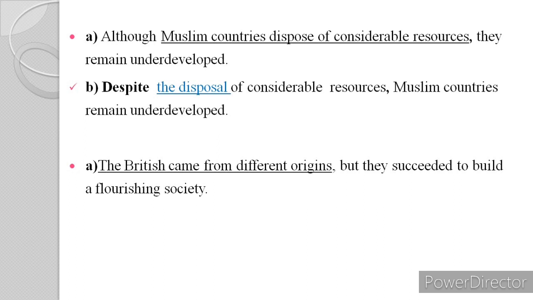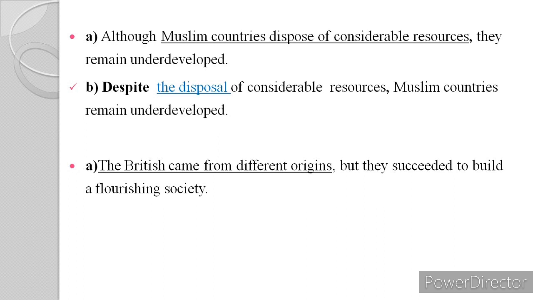The second sentence: the British came from different origins, but they succeeded to build a flourishing society. Here he tells us they came from different origins, but they succeeded to build a flourishing society. Here again we use in spite of.